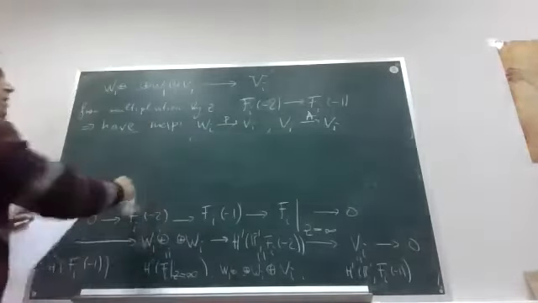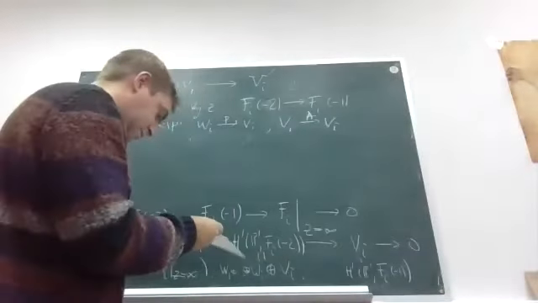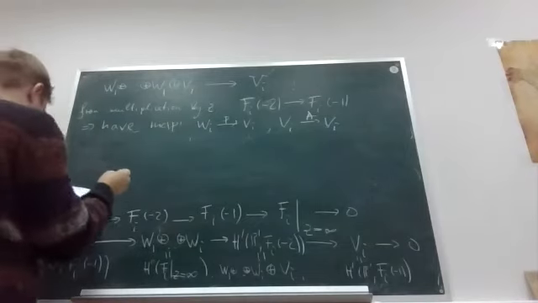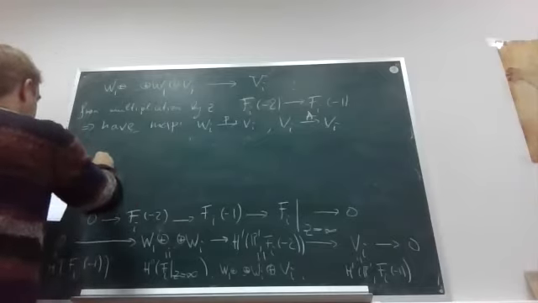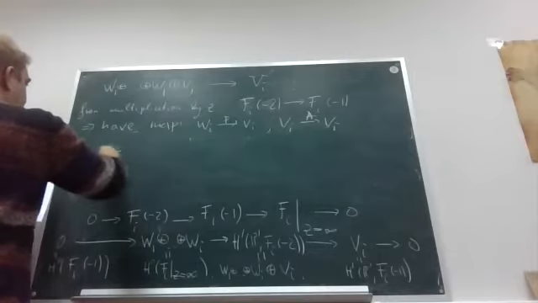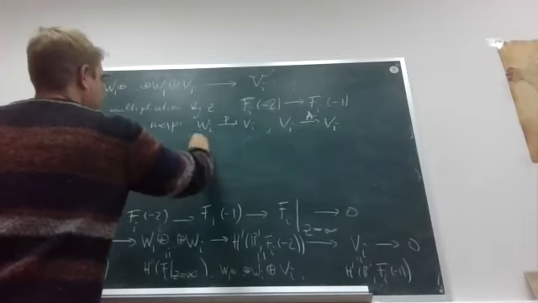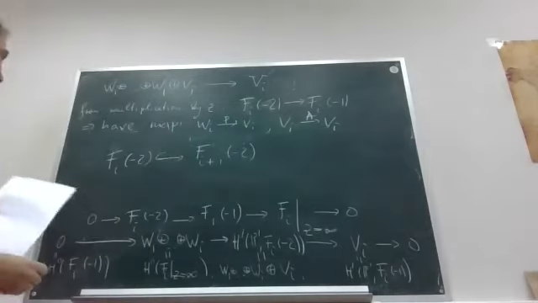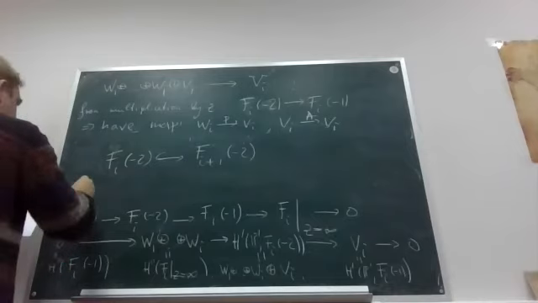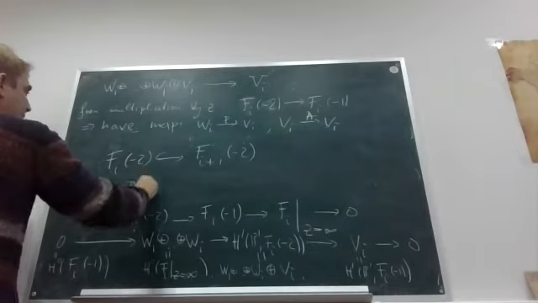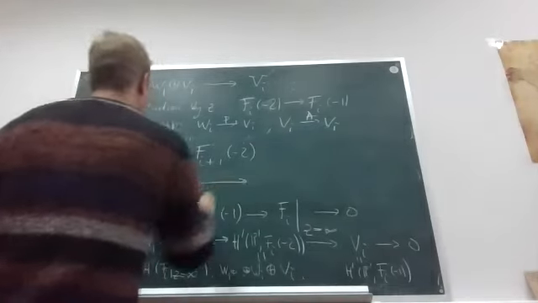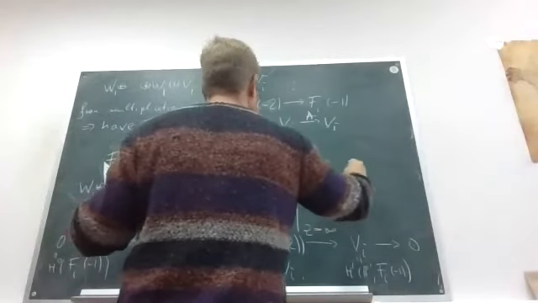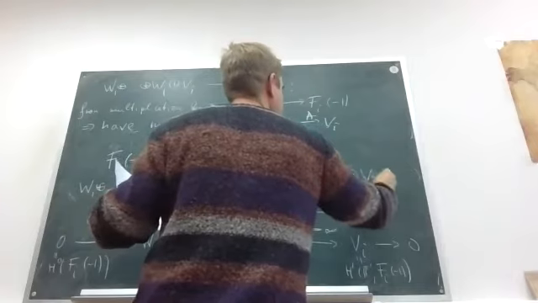Now from the map on H1 from Fi of -2 to Fi plus 1, from the embedding Fi of -2 into Fi plus 1 of -2, I have a map from W1 plus and so on plus Wi plus di to W1 plus and so on plus Wi plus 1 plus di plus 1.